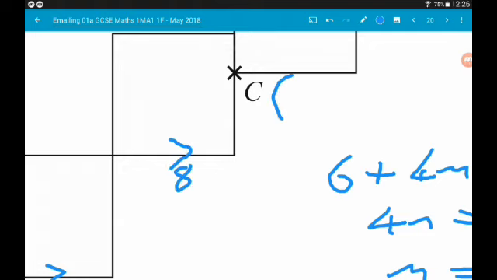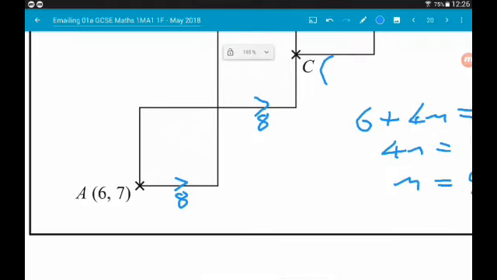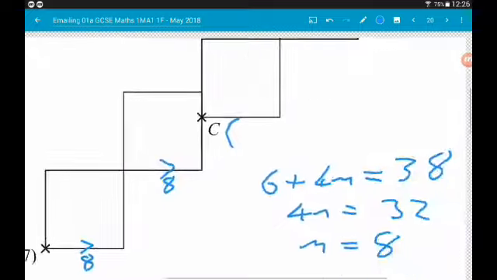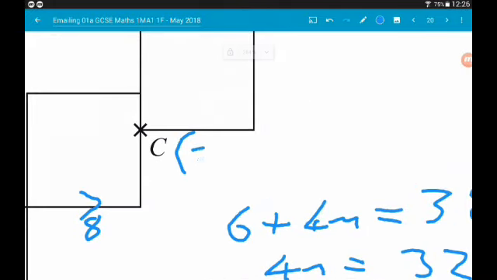So the x coordinate of C is 6 add 8 add 8. 6 add 16 is 22. So our x coordinate is 22.